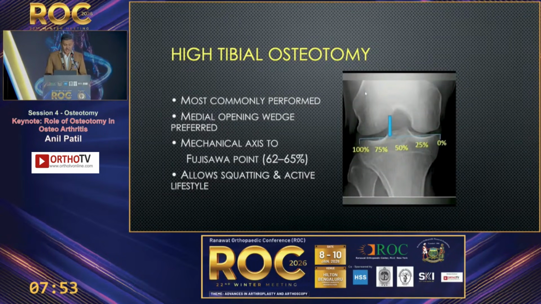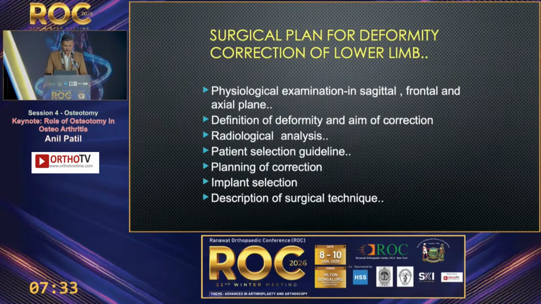They have shown what happens when it is shifted laterally, depending upon the amount of cartilage. The most important thing compared to arthroplasty, that is a uni, is that osteotomy allows you squatting and an active lifestyle over a uni.